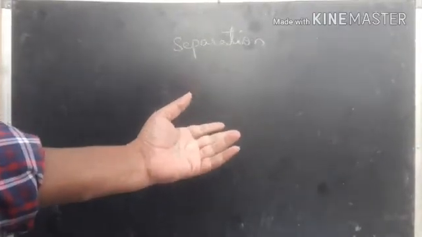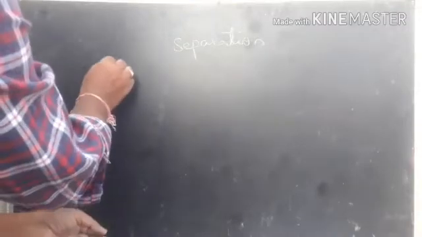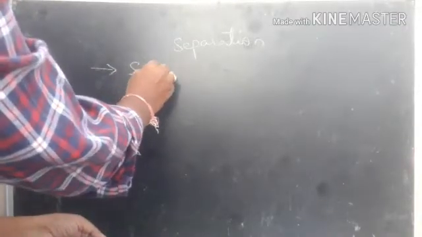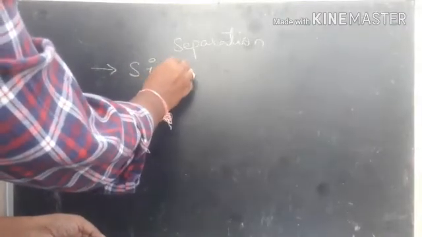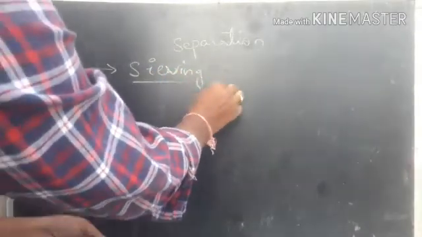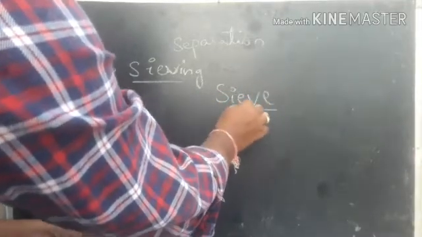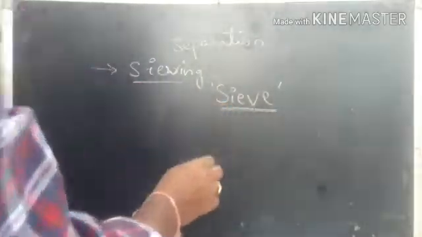Three are completed. Now let us see the new separation method, that is sieving. In the sieving method we use a device called a sieve.